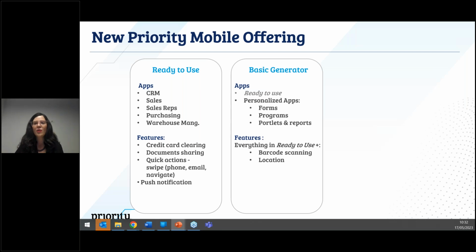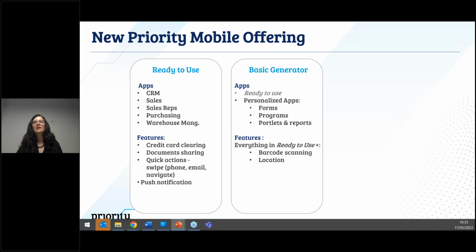For customers with the generator, the offer includes all our ready-to-use apps and personalized apps without the multi-view and saved searches that I have now presented. They provide you the basic functionalities for working with the mobile. You can make calls, navigate, and do barcode scanning.